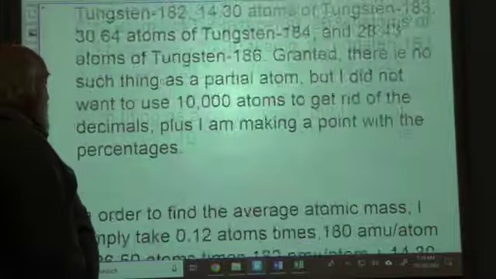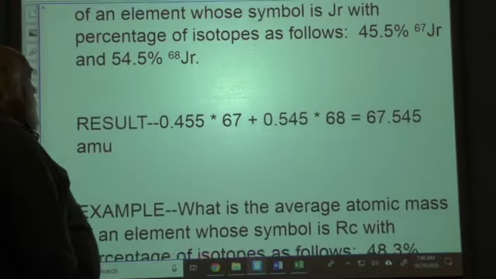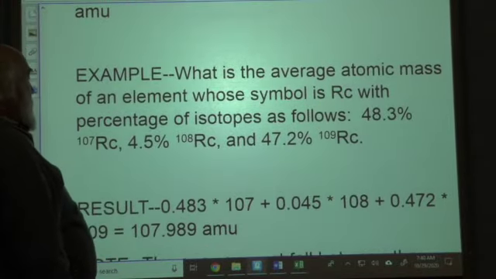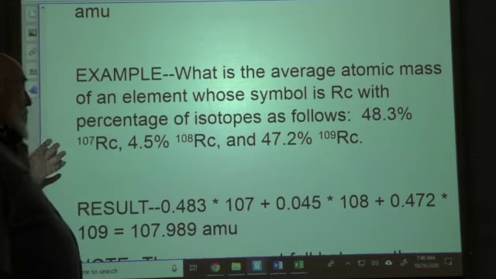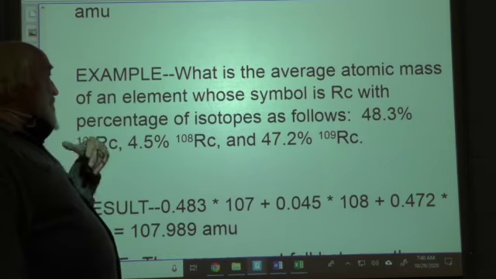Okay? Second example. What is the average atomic mass of an element RC, with percentage of isotopes as follows.